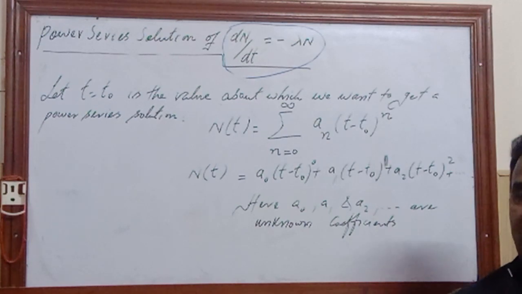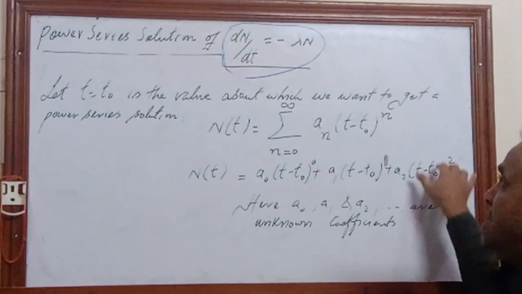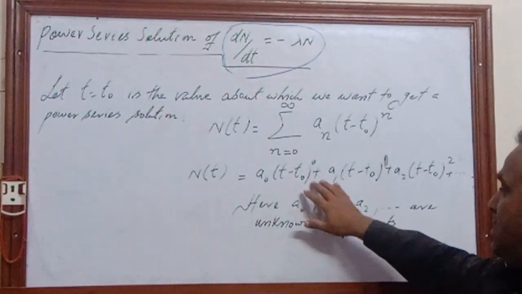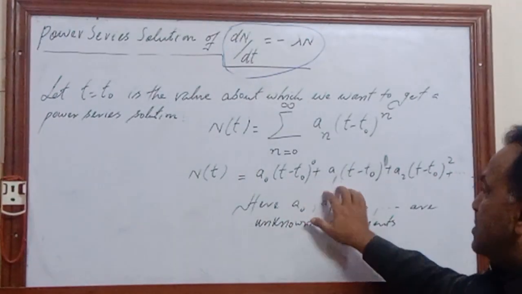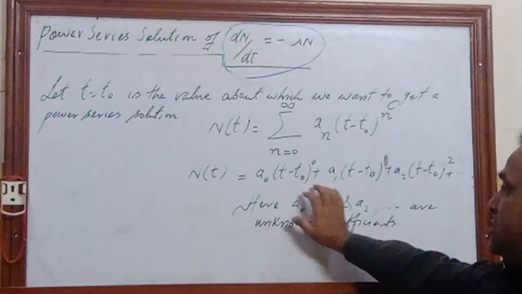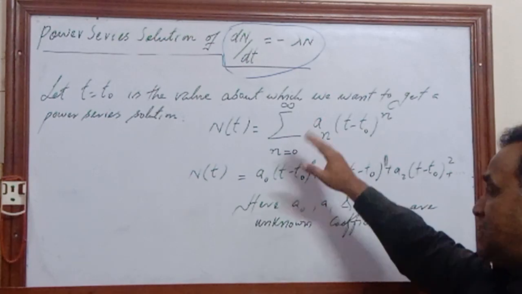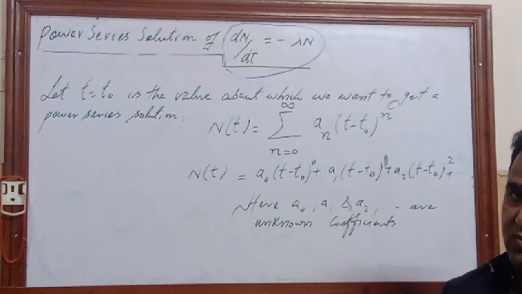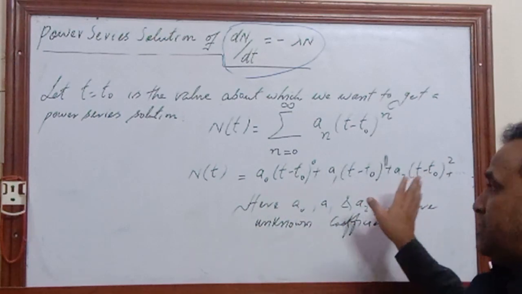First of all, we assume that this capital N of t is a power series solution of this differential equation. So this solution, capital N of t equal to this series, must satisfy this differential equation. So we put this differential equation over here, and then apply certain other initial or boundary conditions, and then we can try to get the values of the unknown coefficients a naught, a1, a2, and so on.